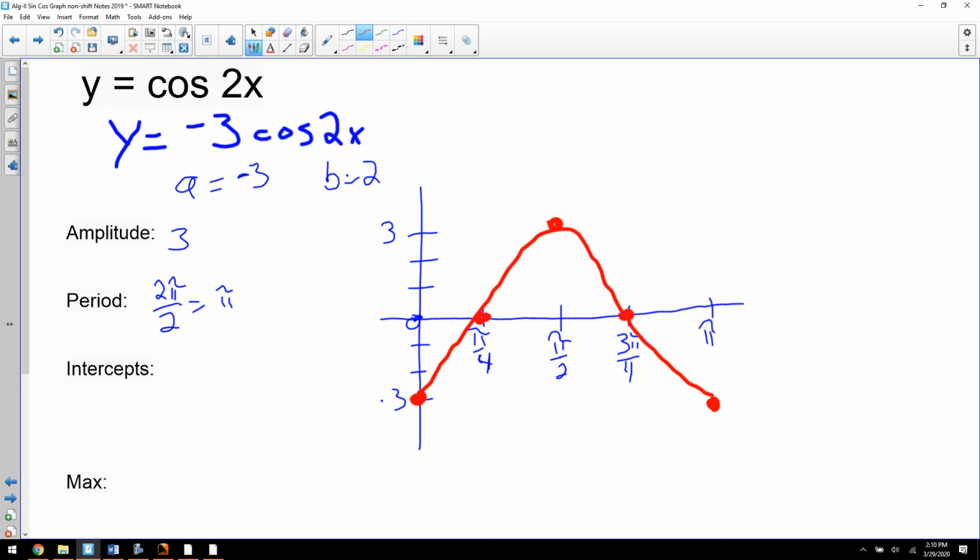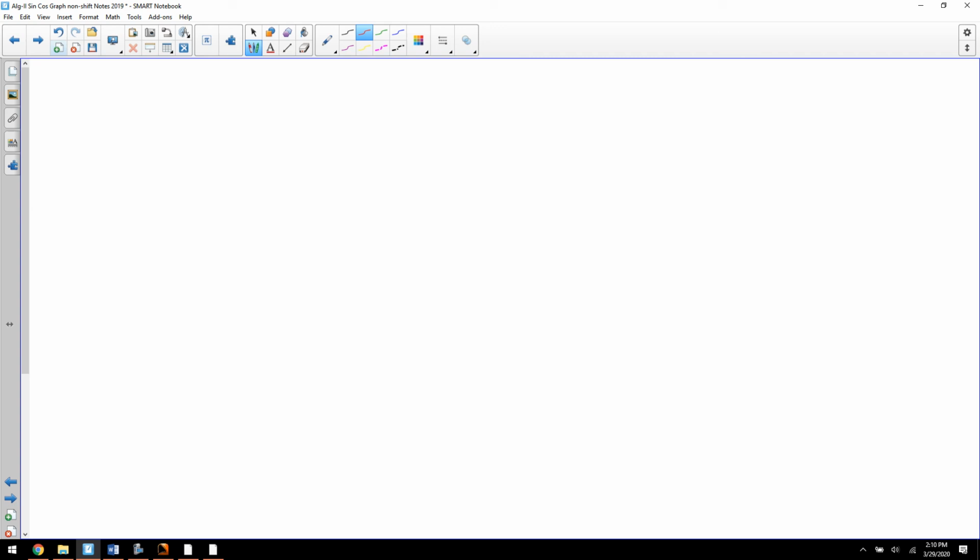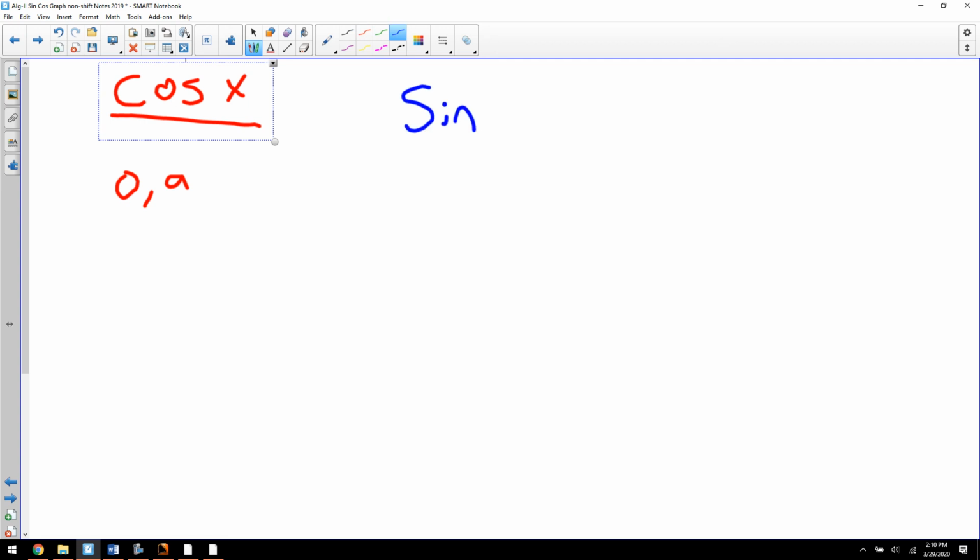All right. Now, it seems really straightforward, which in fact it kind of is, but the trick here is remembering where things go, how things move. When you're doing a cosine graph, its first spot is always going to be at 0 and A, and that's where you start.